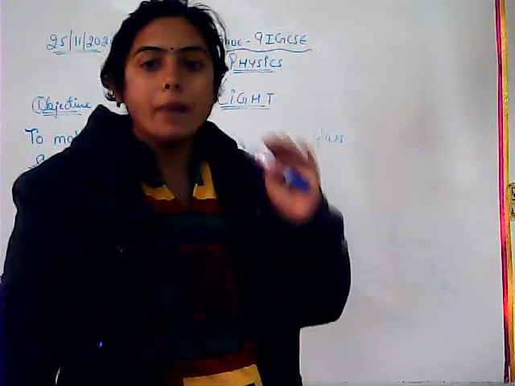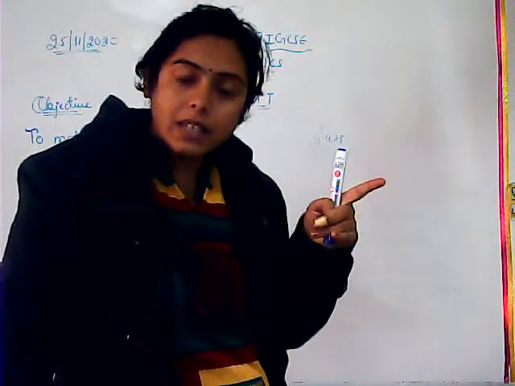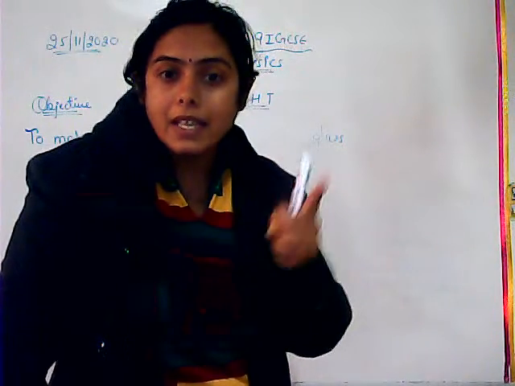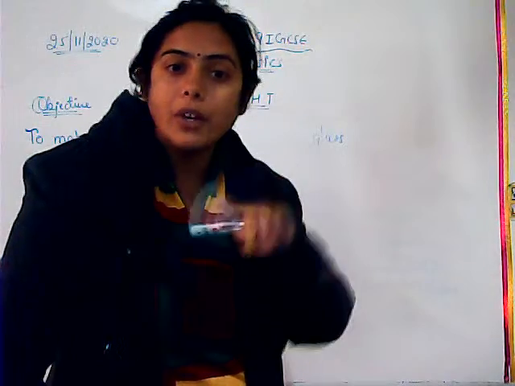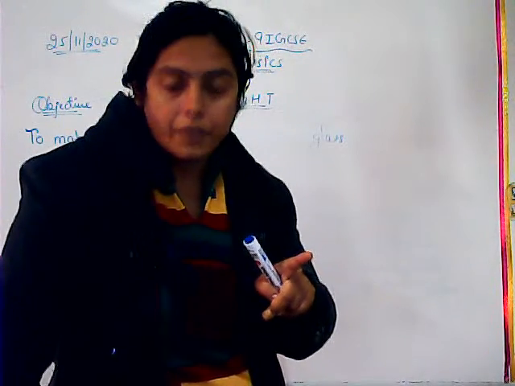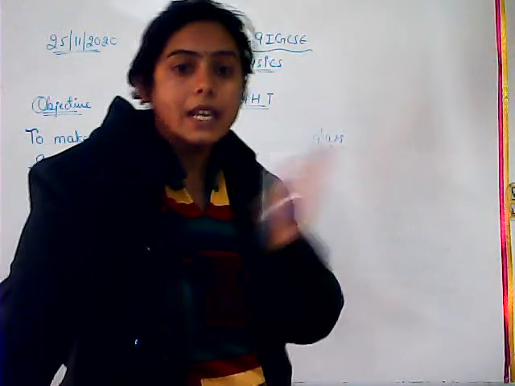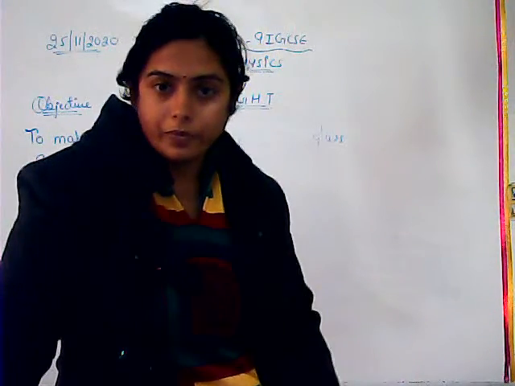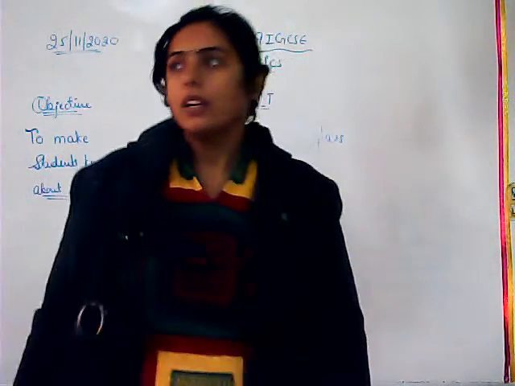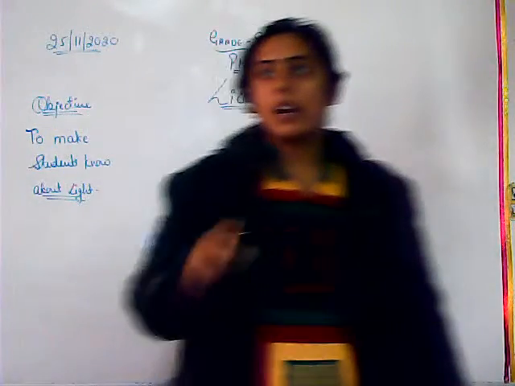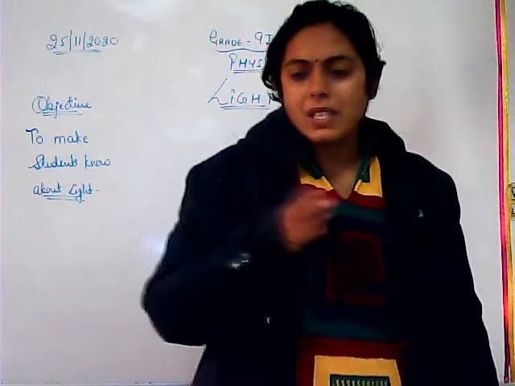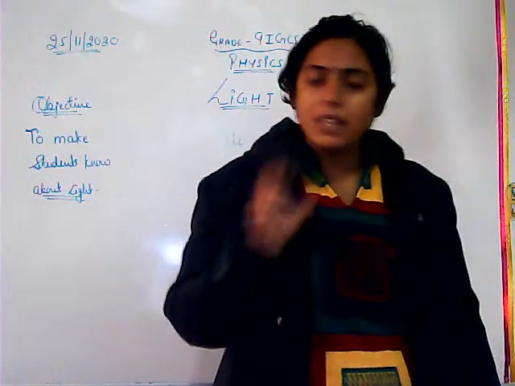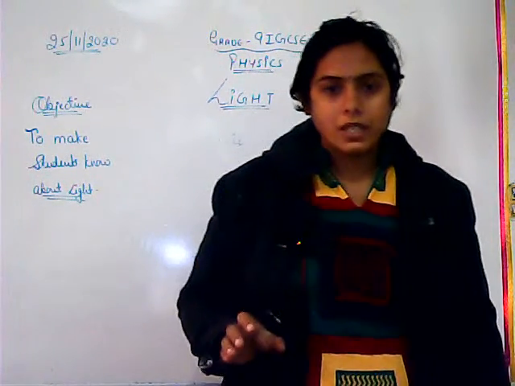जब भी आप रेयर से डेंसर की तरफ जाओगे, just keep this in mind, you will bend towards the normal. Fine. डेंसर से रेयर की तरफ आओगे, you will be away from the normal. अब इसको समझने के लिए भी एक चीज दिमाग में रखो कि अगर आप ज्यादा ट्रैफिक में हो तो आपके पास ज्यादा रास्ता नहीं है. You have a short path and you have to stick to that. ठीक है ना?